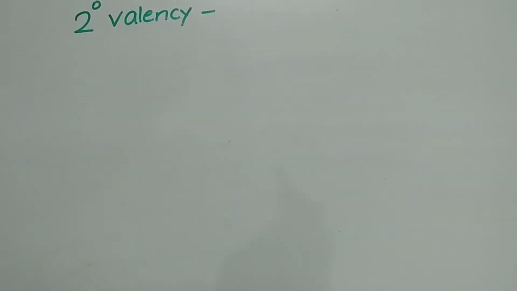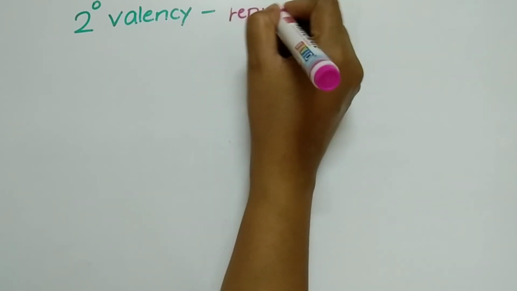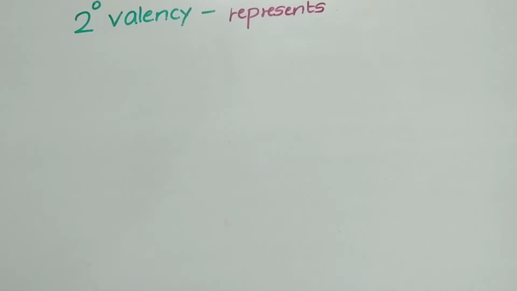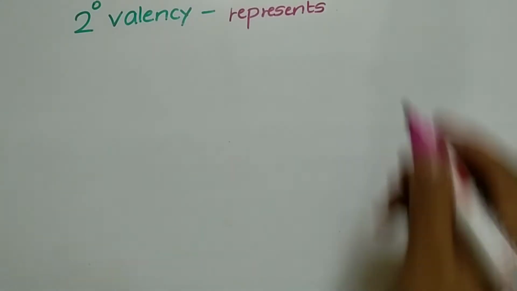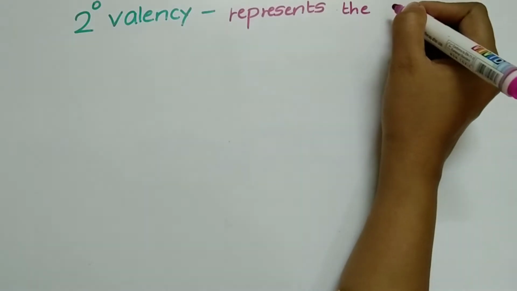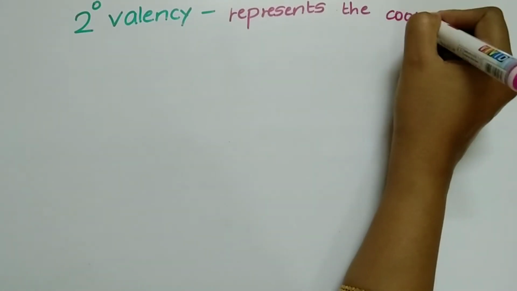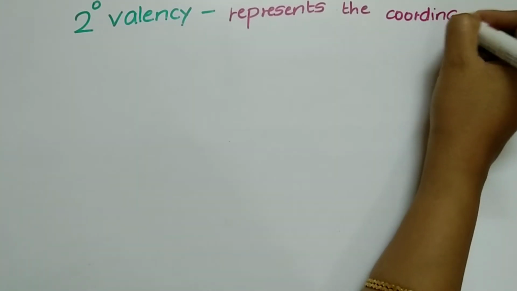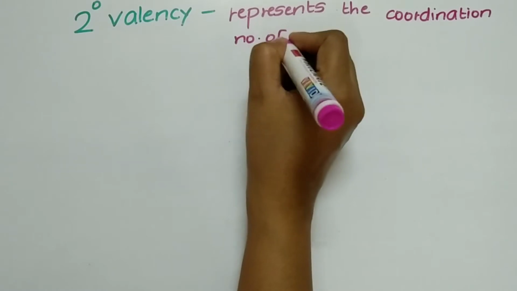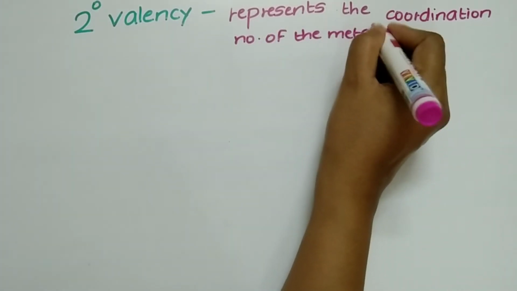The first point is that secondary valency represents the coordination number of the metal, that means the central metal atom.